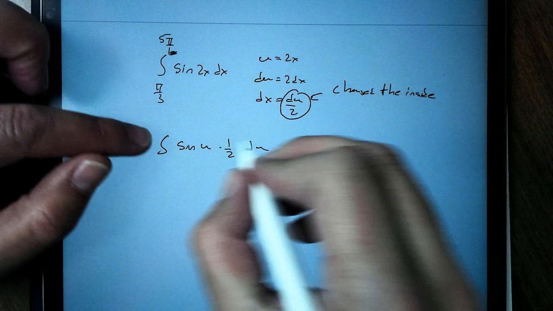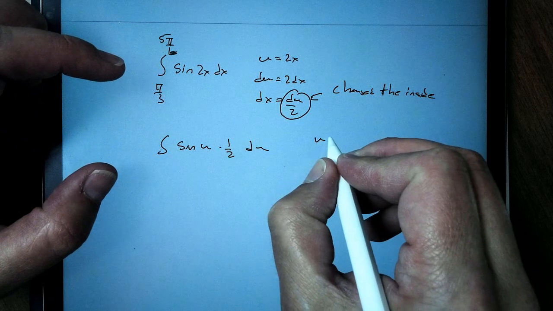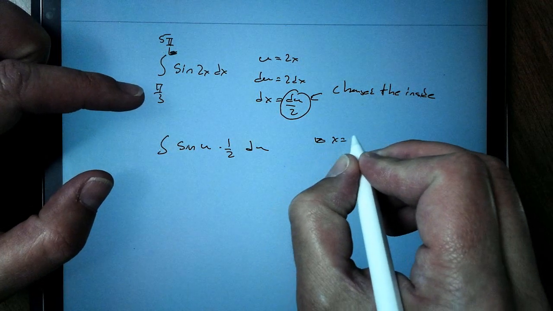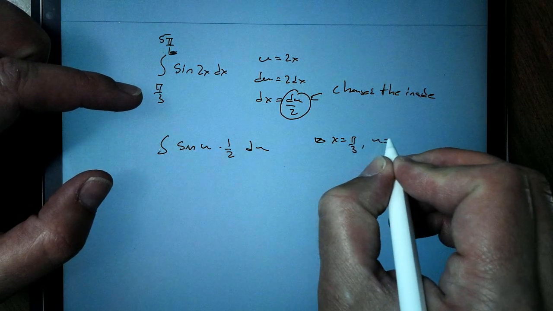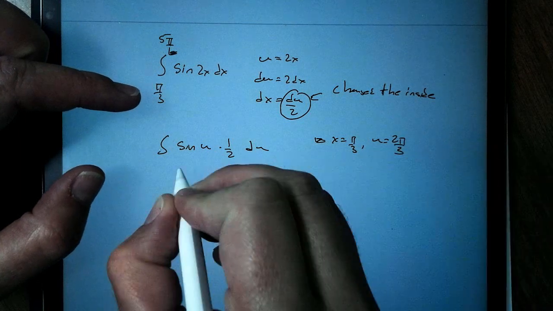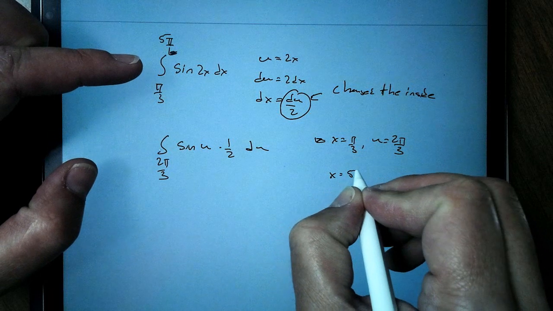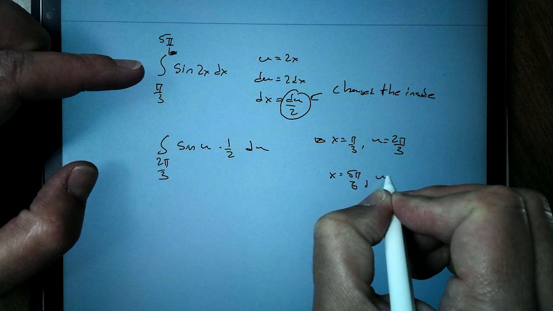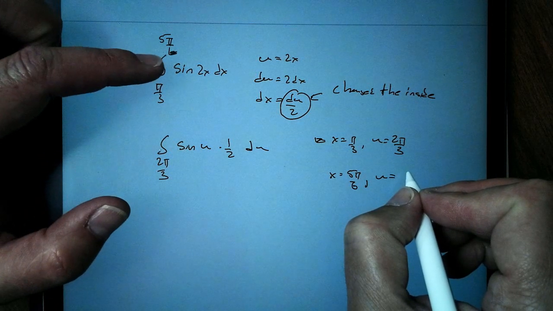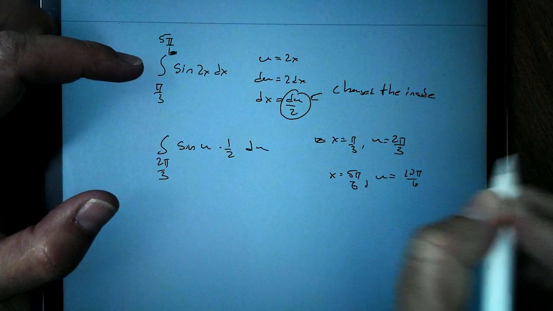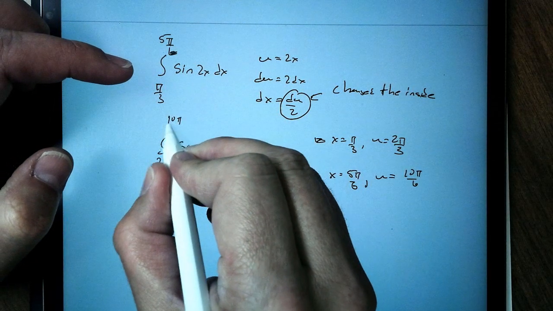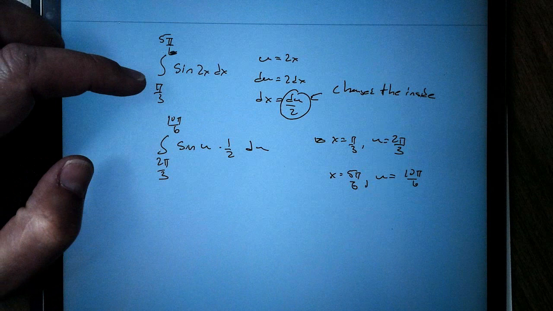And of course we also changed our domain. This is what we've been talking about. When x is pi over 3, we could say u is 2 pi over 3. And when x was 5 pi over 6, we would say u is 10 pi over 6, whatever that is. I think it's 5 pi over 3.